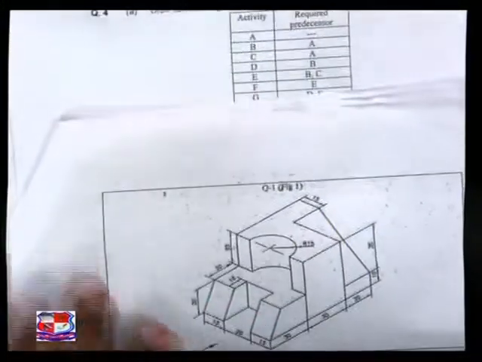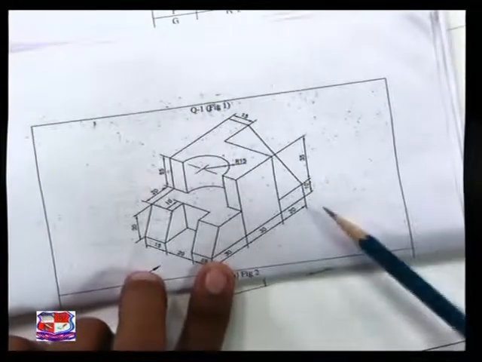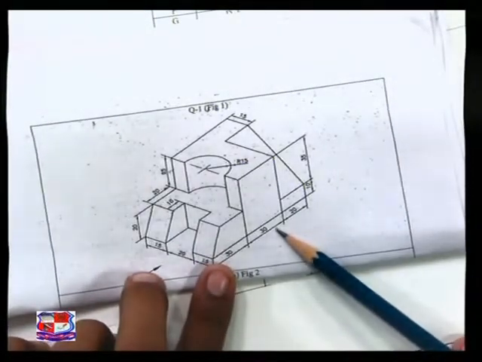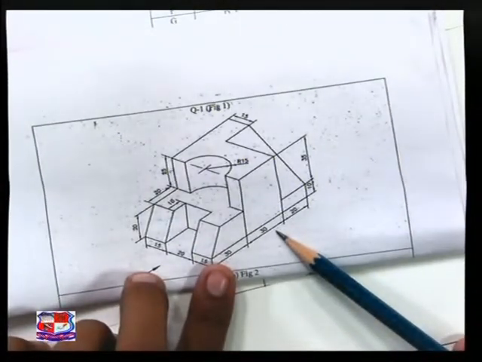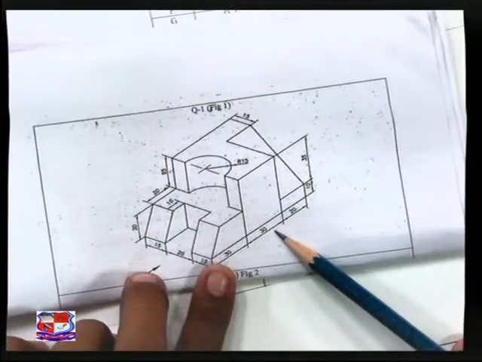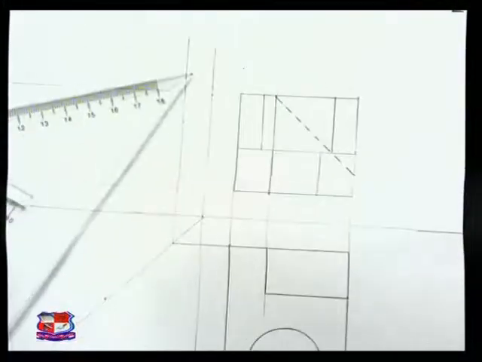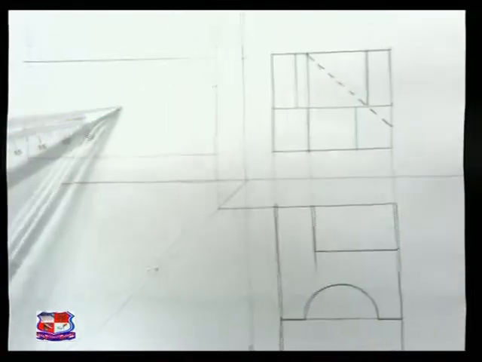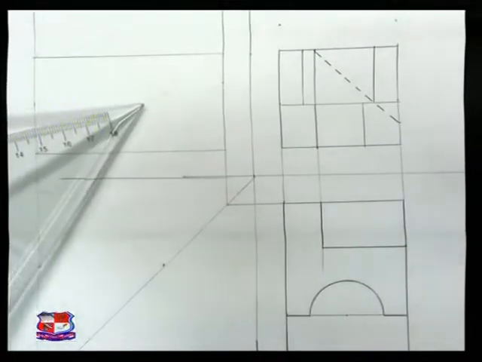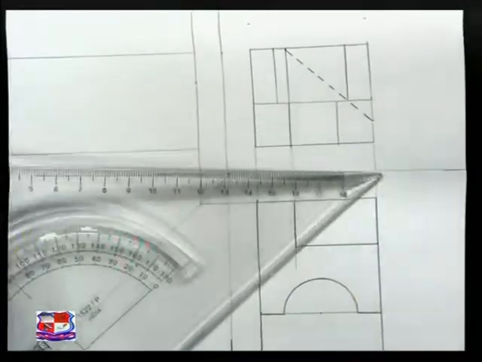Now we are going to view this portion. Okay, so now we have to plot this over this area. We have got the outer portion. Now we will construct the inner portion first.